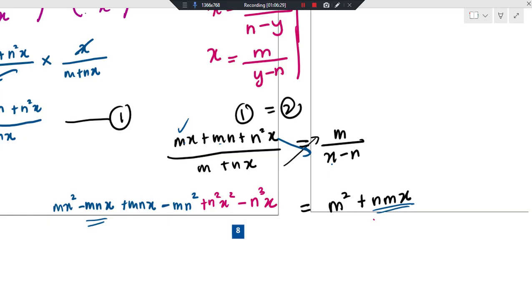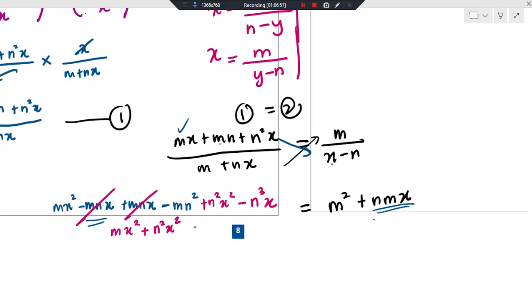MX square plus N square X square. Kejap. Mungkin kita boleh buat. Lepas tu, sebab yang ni 2 X square, lepas tu kita ada negatif N cube X. N minus MN square. Betul?